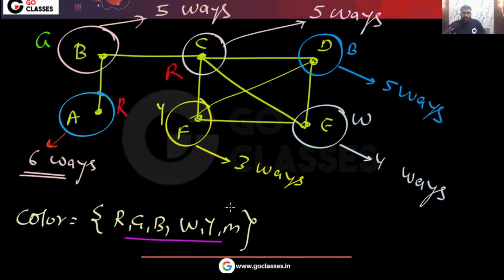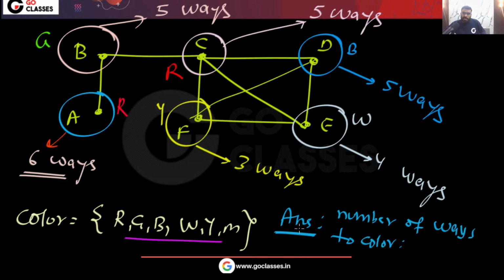Is this clear? So tell me, finally, what is the number of ways to color this graph? How many ways are there to color this graph G using 6 colors?